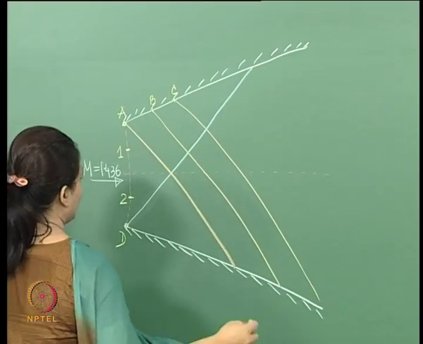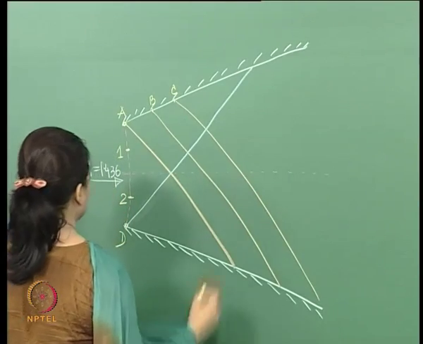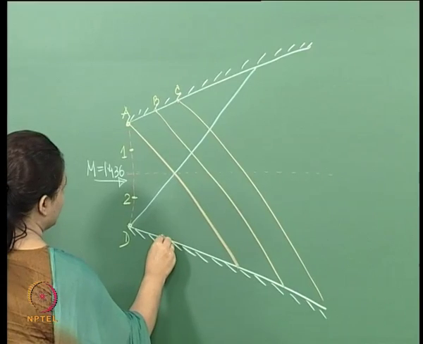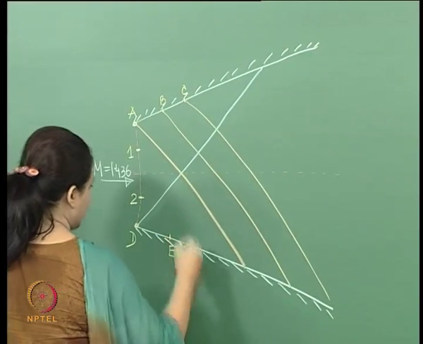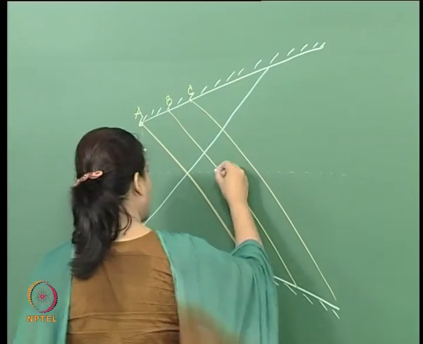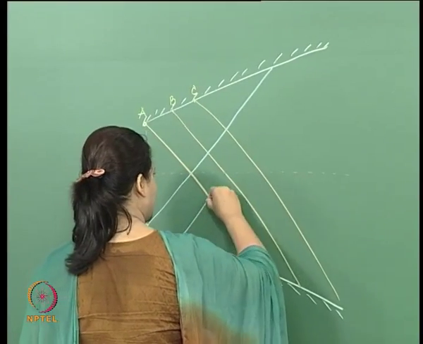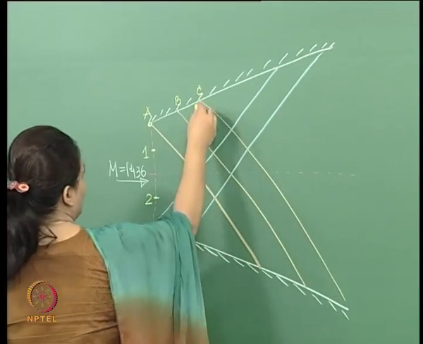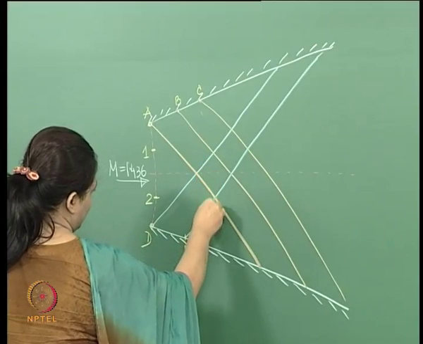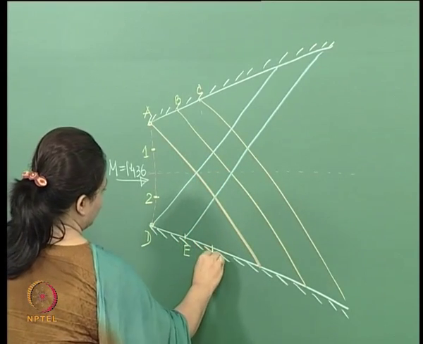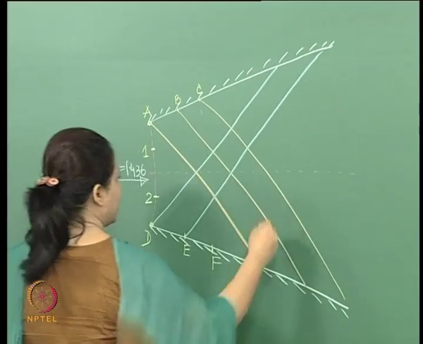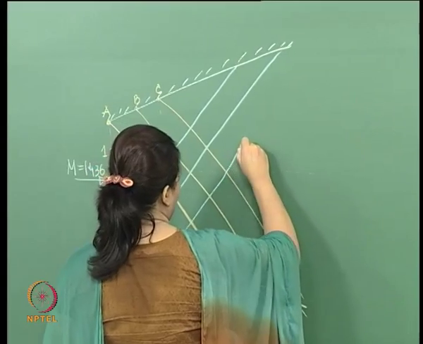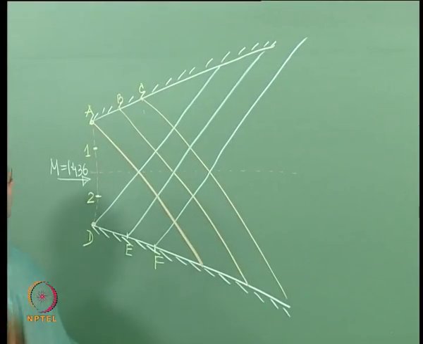Correspondingly, I'm going to take this point right here and say I have E, and then run another one through this point like that, and then we have another one, say F, and I'm going to run that one through this, and so on and so forth.